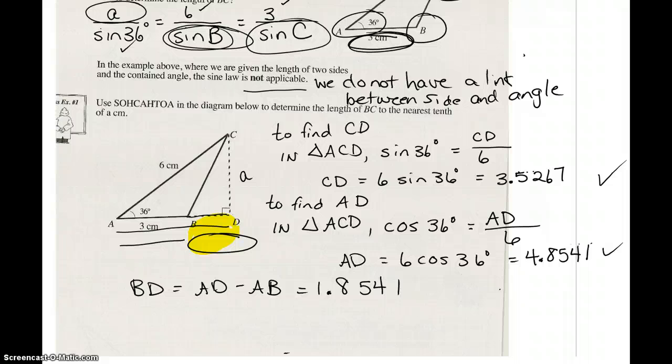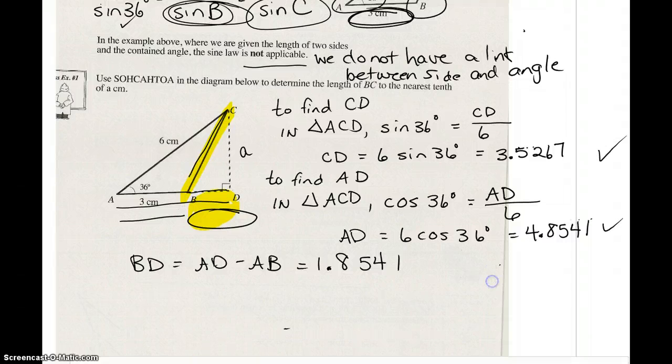Now I'm going to look for BC. BC, notice where it is. I'll use a highlighter to show you. We're looking for BC. So to do that, we will take a new triangle. In triangle BCD, we can now use the Pythagorean theorem because you're actually looking at this triangle BCD.